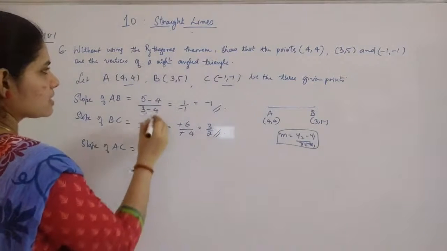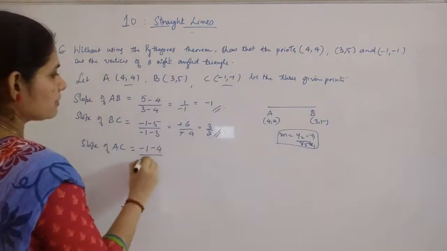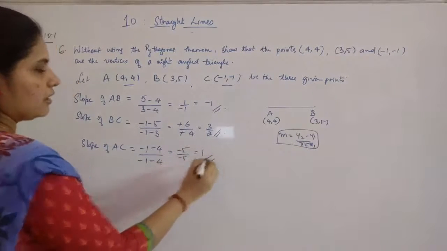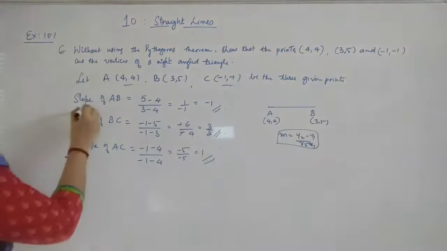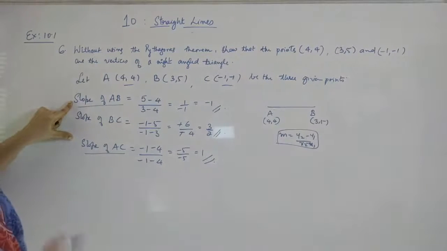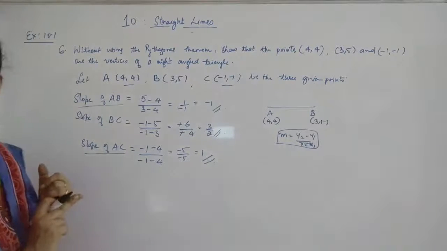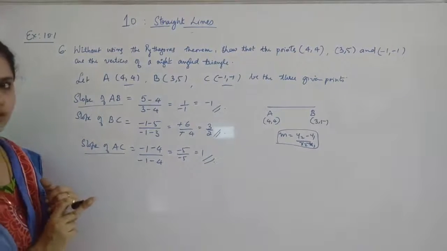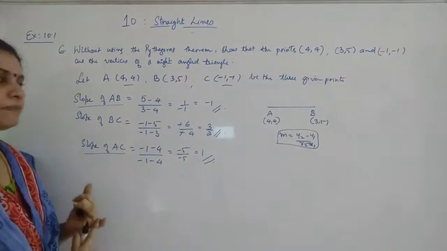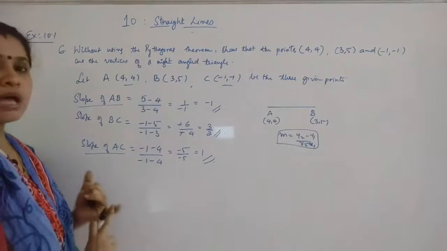So you will get minus 1 minus 4 divided by minus 1 minus 4, which is minus 5 by minus 5, or 1. Now you can see that slope of AB and slope of AC are connected in such a manner that, you have studied the condition for perpendicularity, which was m1 m2 is equal to minus 1. If m1 m2 is equal to minus 1, then you can say that the two lines are perpendicular.